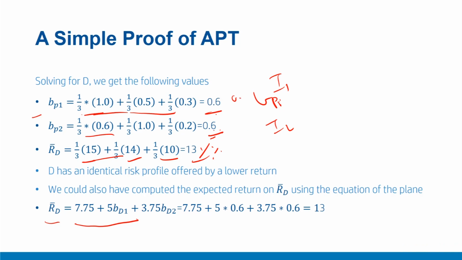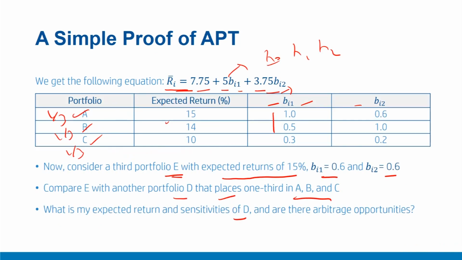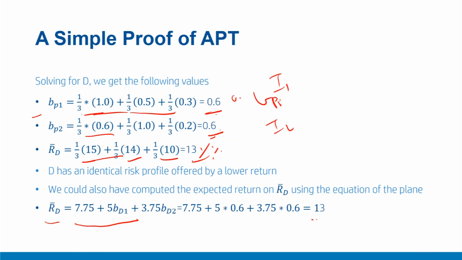Let us compare this portfolio D with portfolio E. Notice that portfolio E has the same bi1 and bi2 as portfolio D, 0.6, but the expected return it offers is higher than portfolio D, which was 13%.